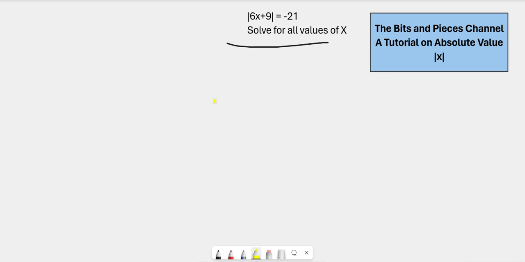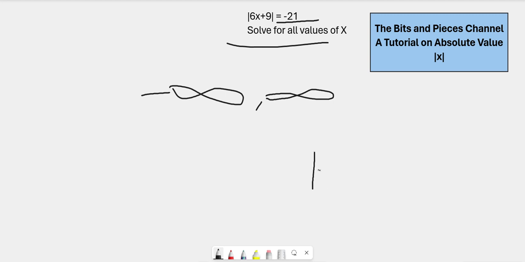If you plug in any number, let's say from negative infinity to infinity, you can't get any number that when you make it positive, it can equal negative 21, right? Even if you take negative 5, you still get this value right here, right? Negative 21 absolute value is equal to negative 21. But is that correct? No, it's not.